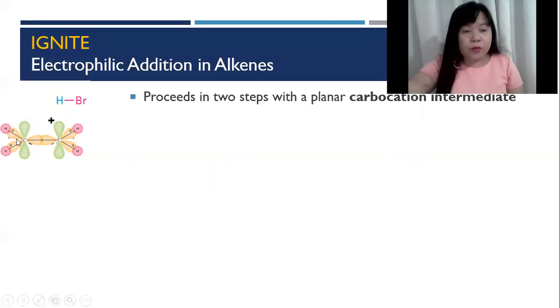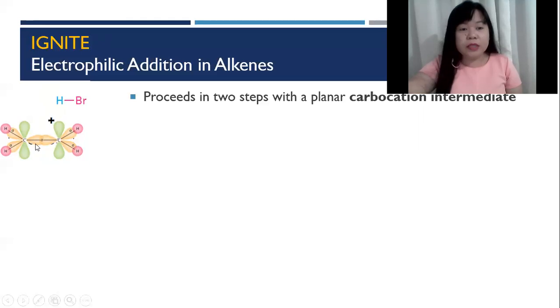So notice that each carbon has a trigonal planar structure around it from the degenerate sp2 hybridized orbitals, because we have three groups around each carbon. And then for each carbon, we have two sp2 hybrid orbitals forming a sigma bond or a head-on overlap to the hydrogen atoms.